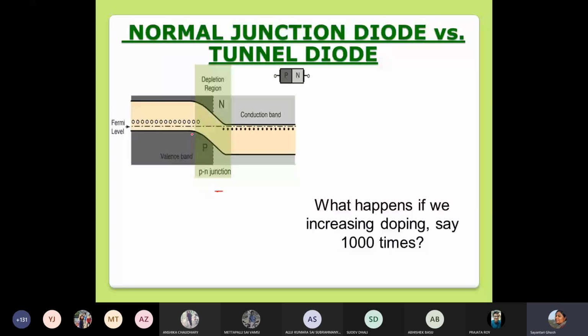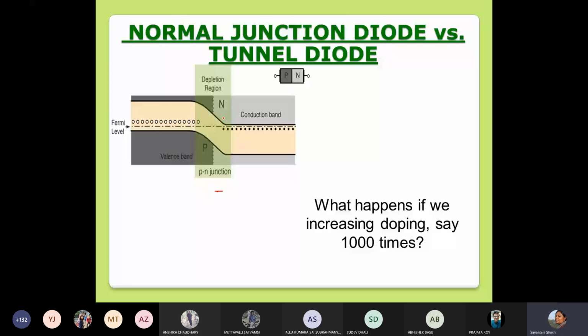Okay, so now just imagine this simple picture and try to imagine what happens if this is, suppose, a normal p-n junction, and now I start doping more and more on both sides. So what will happen to the Fermi level? What do you expect? The Fermi level will go more close to the valence band in the p-type side, and it will move more close to the conduction band in the n-type side, right?